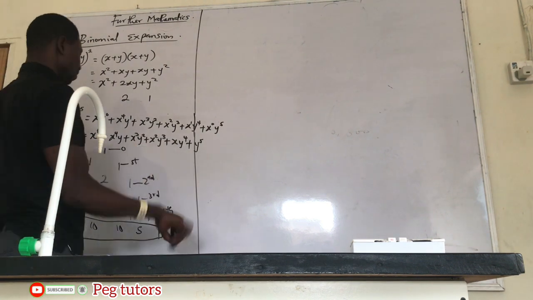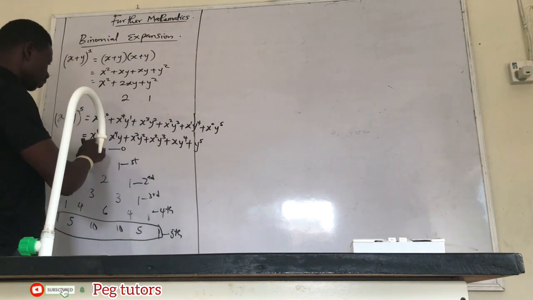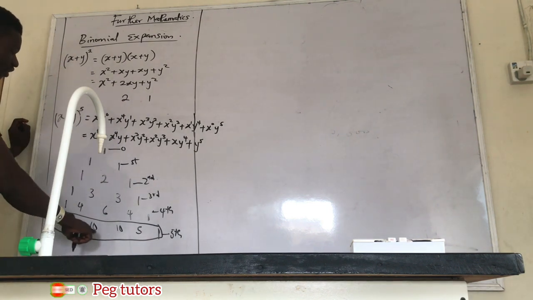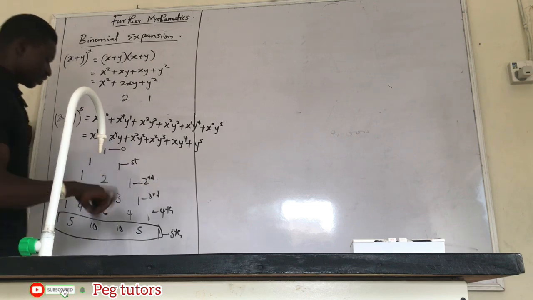So I come here and put it down. So lastly, which means the first term here would have 1, the second term here will have 5, the third term will have 10, and all that. So let us put it together.